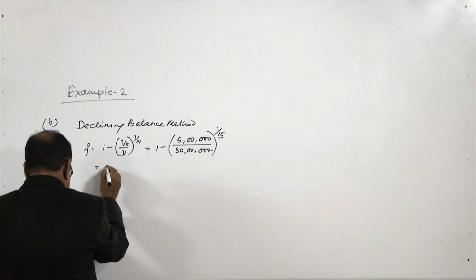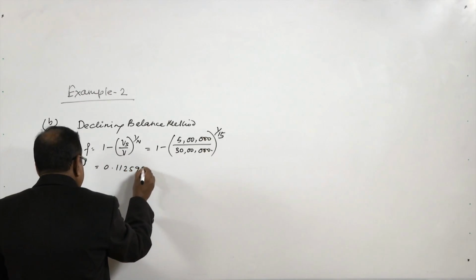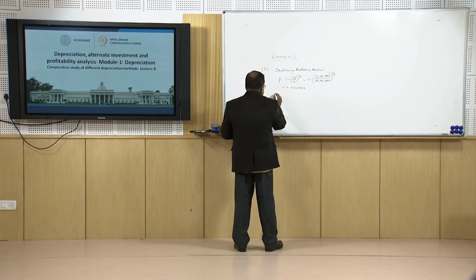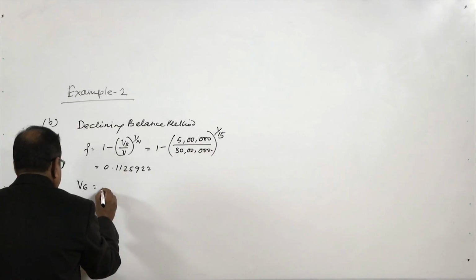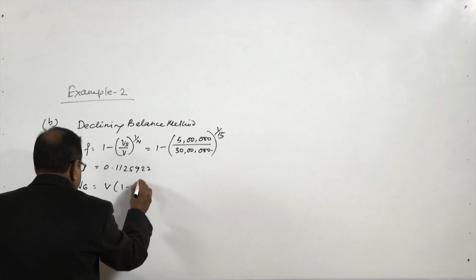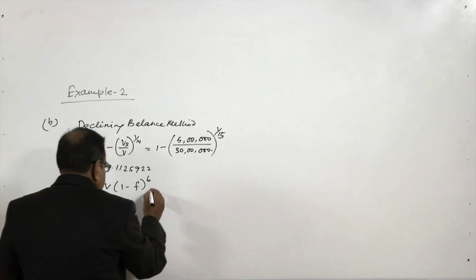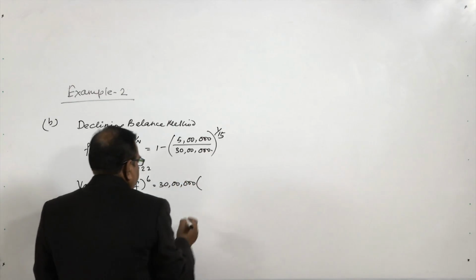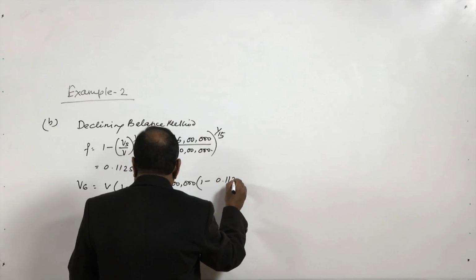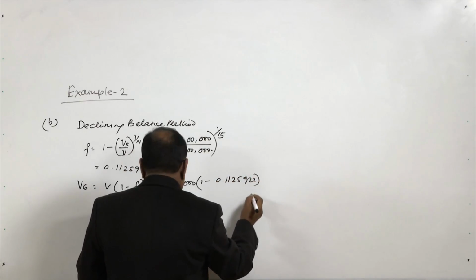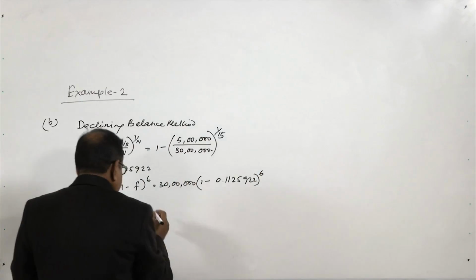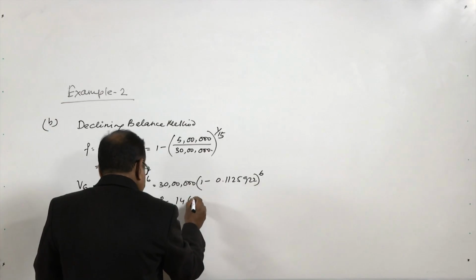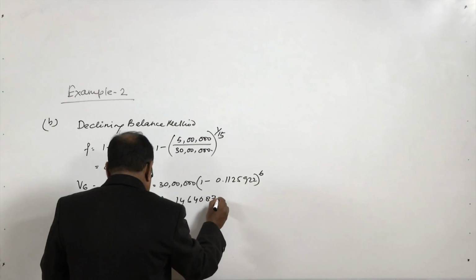This comes out to be 0.112592. So, V6 is V into 1 minus F to the power 6, is equal to 30 lakh into 1 minus 0.112592 to the power 6. This comes out to be rupees 1464087.56.